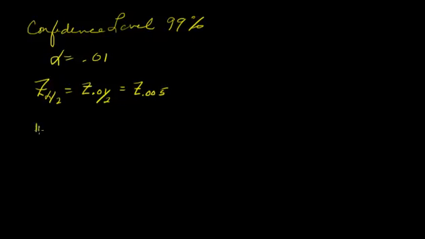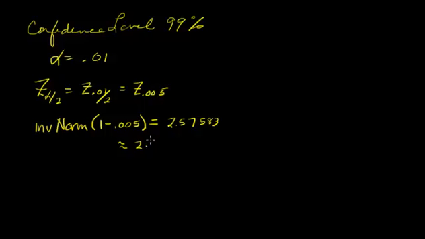Okay, so finding the z, we use inverse norm, area to the left, 1 minus 0.005, and that calculation yields 2.57583, or approximately what's often used, even though it doesn't seem to round this way, but what we usually see is 2.575. That's kind of standard for this one.